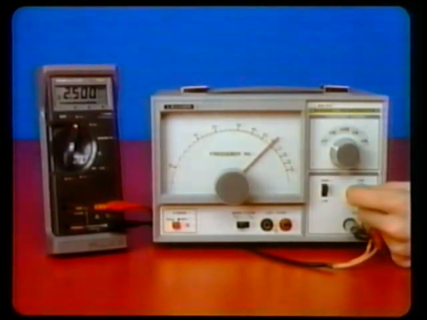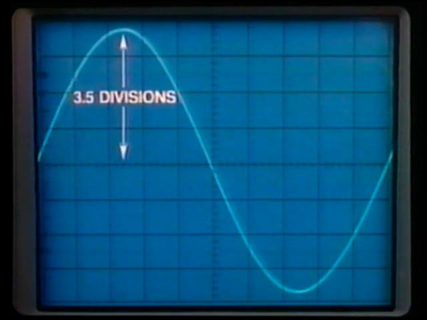Let's check this procedure by adjusting the audio generator to read 2.5 volts on the AC voltmeter and verifying the answer against the oscilloscope waveform. It should give a peak voltage of 2.5 volts times 1.41, or 3.5 volts. Checking the waveform, there is a peak at 3 1/2 divisions. 3.5 divisions times 1 volt per division equals 3.5 volts.